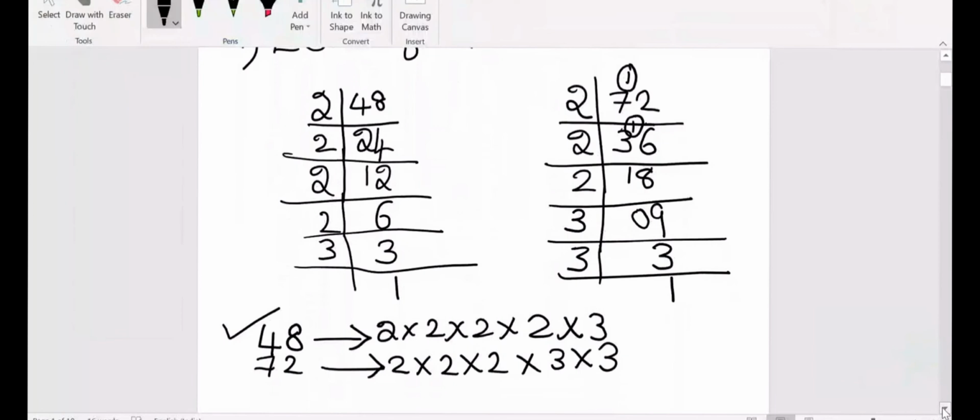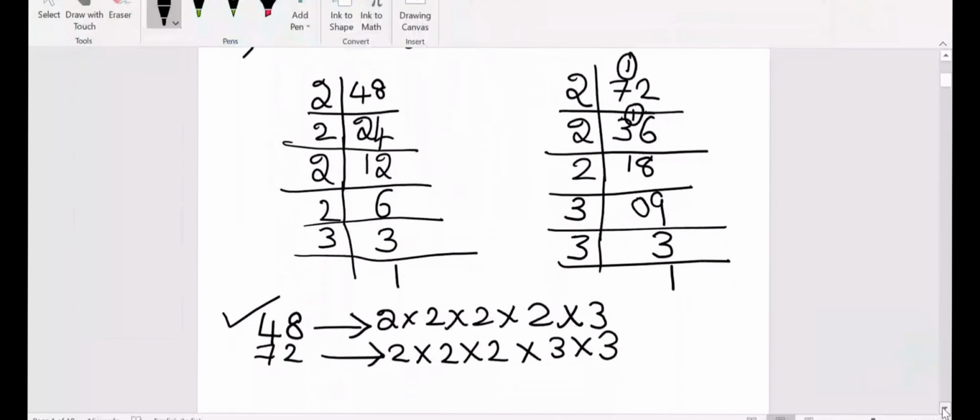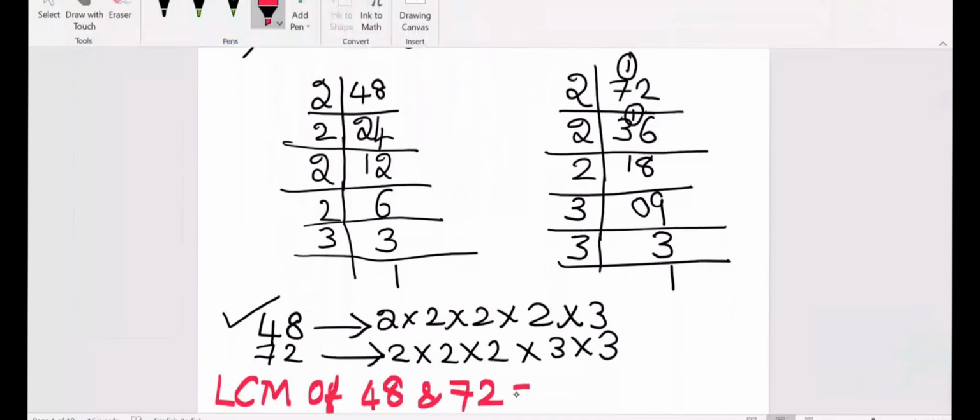The next step is the LCM of 48 and 72. How can I find the LCM of 48 and 72? That is the least common multiple of these two numbers together.